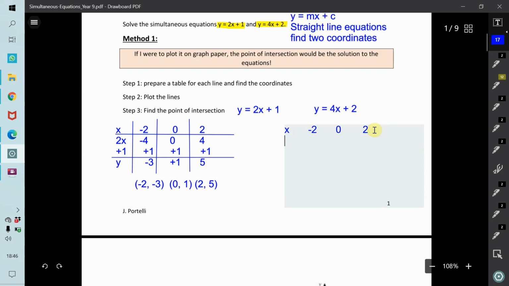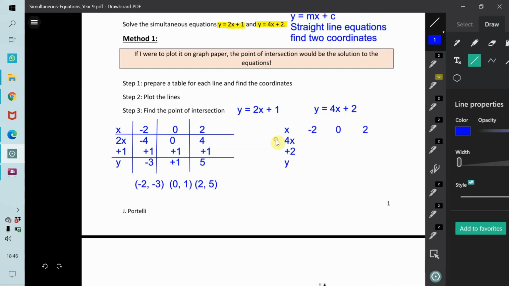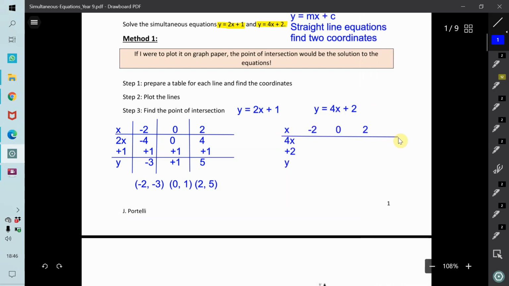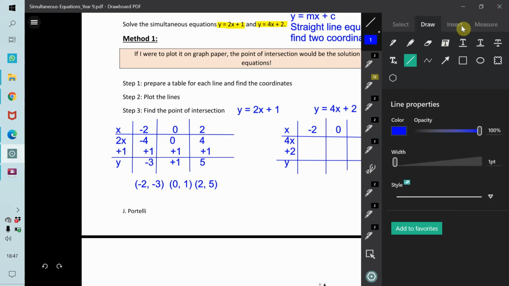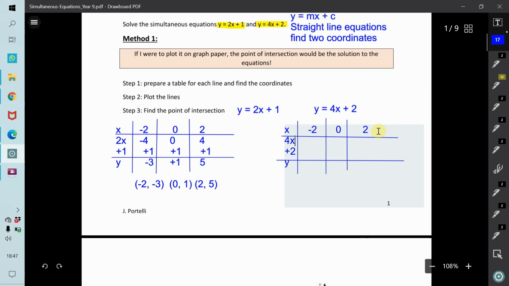So, for me to get my y, I need to do 4x, and I need to do plus 2, because that's what I have written down in my equation. And let me draw my lines, so that I have everything organized immediately. I always like drawing a line after the x and before the y, so that I know that I have to work whatever there is between them, whether there are 3 terms, 4 terms, 2 terms. And I'm thinking about whether it's a quadratic, whether it is a straight line, and so on.